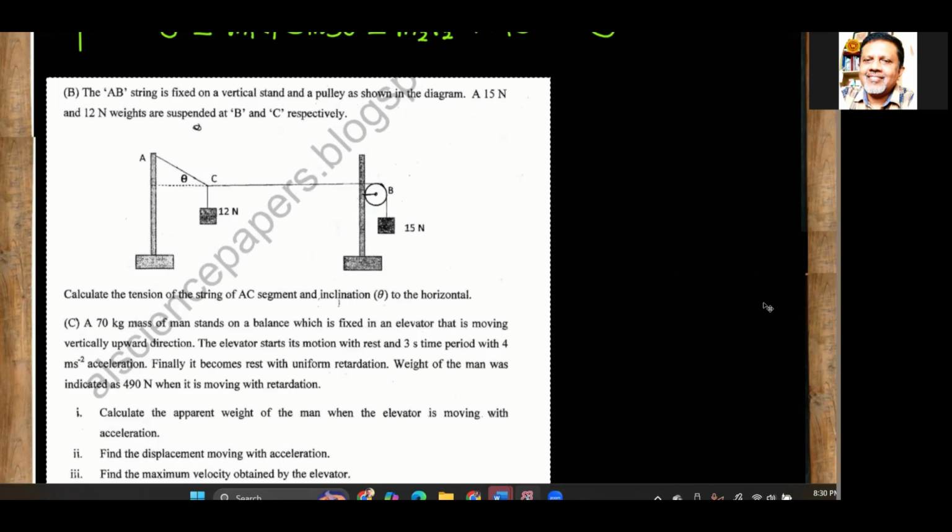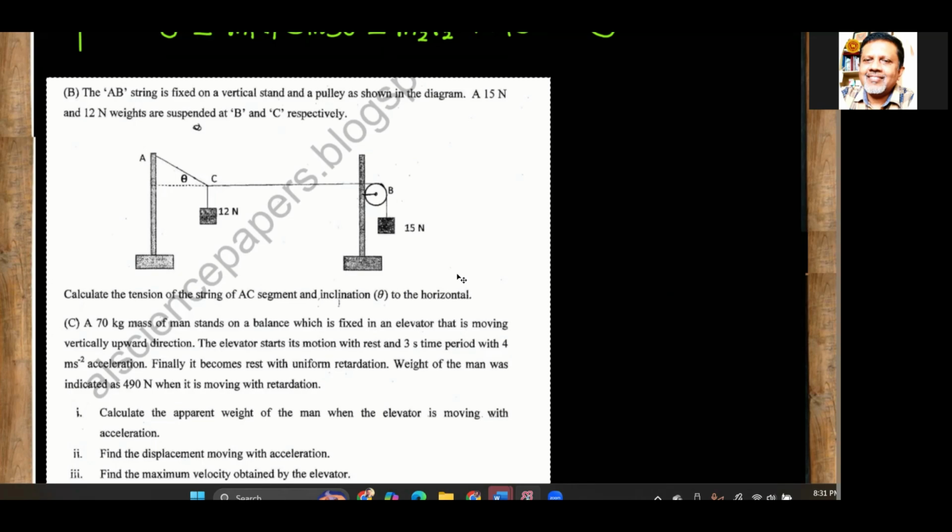The AB, what is AB? A and B are a string, right? The AB string is fixed on a vertical stand and a pulley as shown in the diagram. 15 Newton and 12 Newton weights are suspended at capital B and capital C respectively, right?